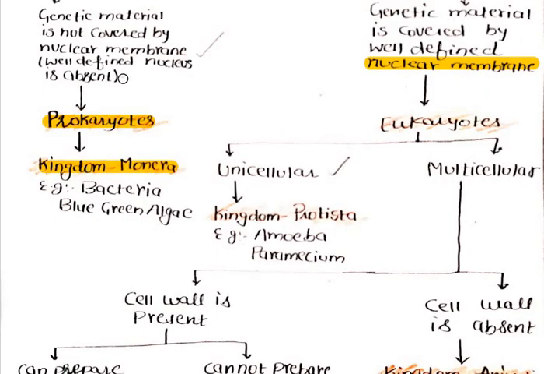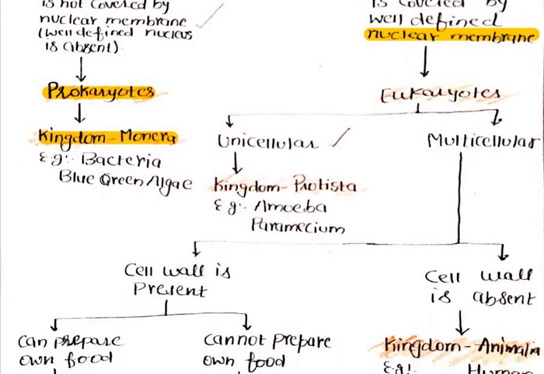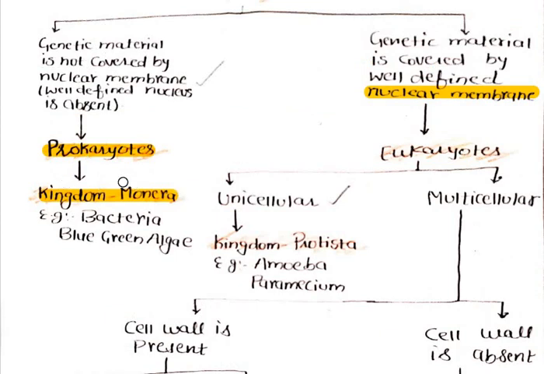So all the prokaryotes come under kingdom Monera, and the examples which you should know are bacteria, blue-green algae, archaebacteria and mycoplasma. So kingdom Monera includes all prokaryotes which do not have a well-defined nuclear membrane.